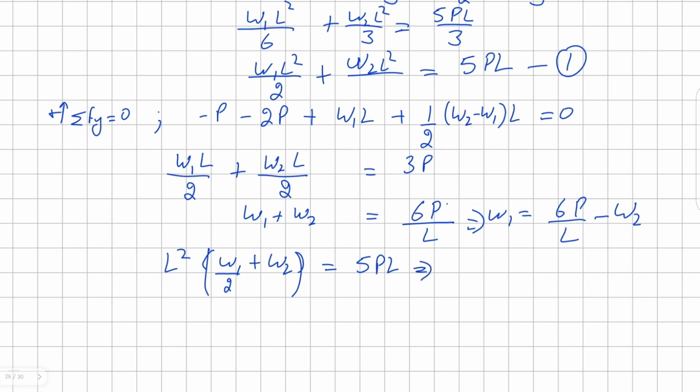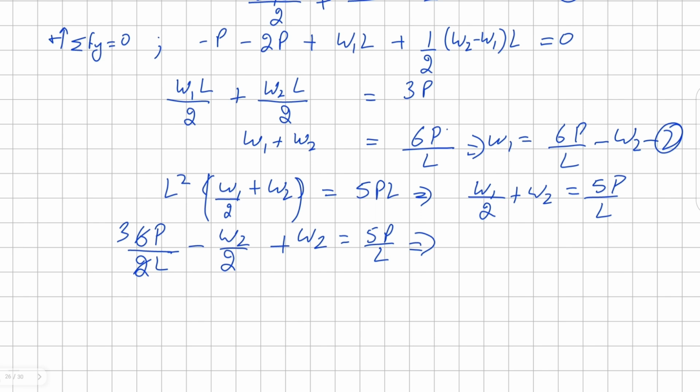And dividing L squared on both sides, we get W1 divided by 2 plus W2 equals to 5P divided by L. We can subtract the 3P divided by L from 5P divided by L, and simplifying this whole equation we get W2 divided by 2 equals to 2P divided by L. Now we can multiply 2 on both sides, and this becomes 4P divided by L as our solution for W2.